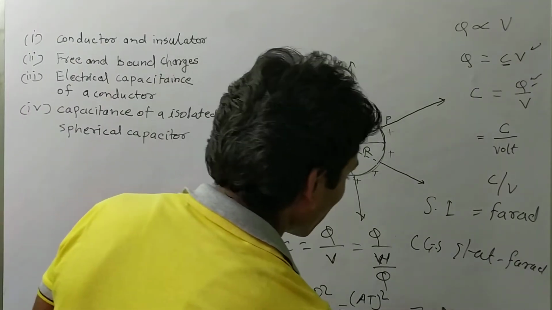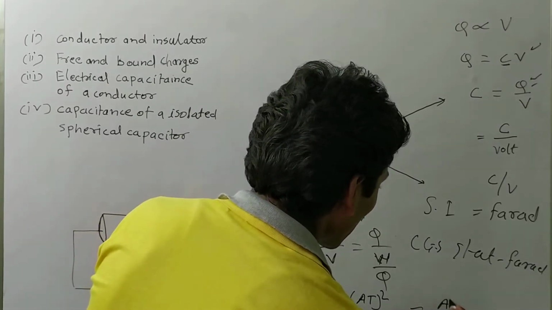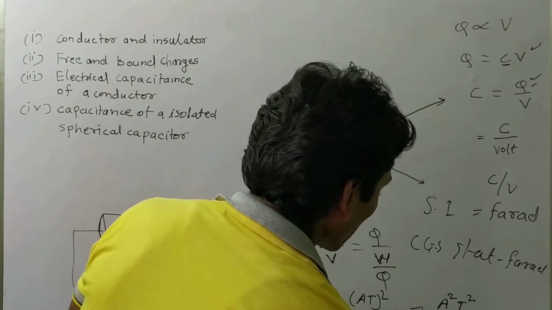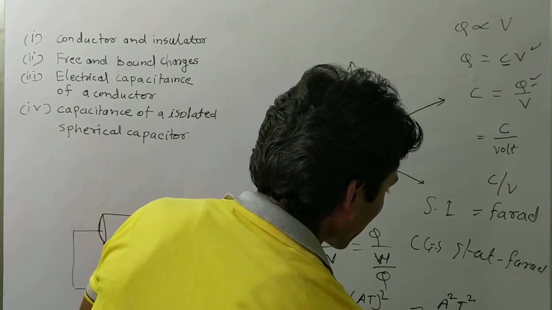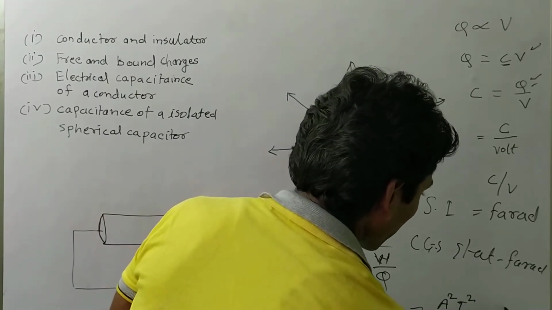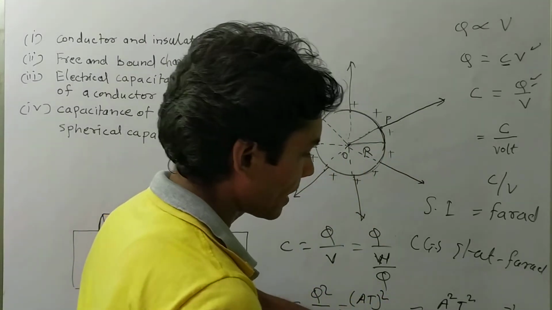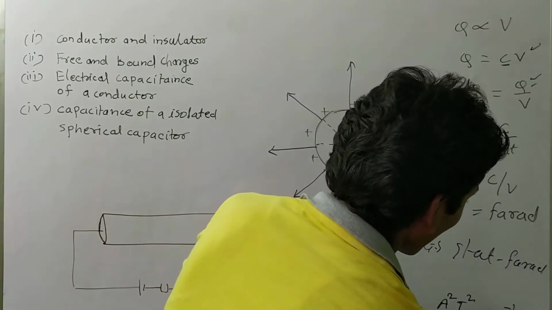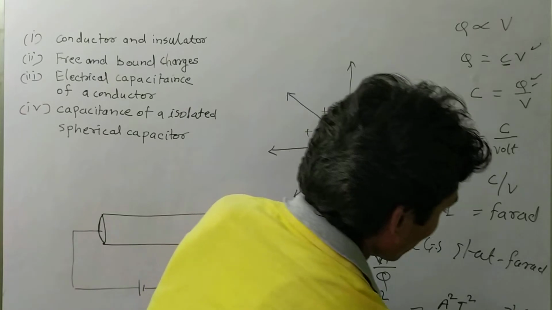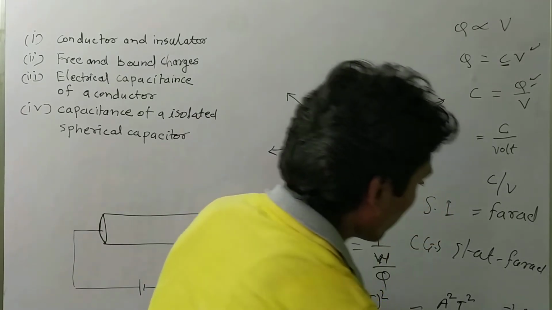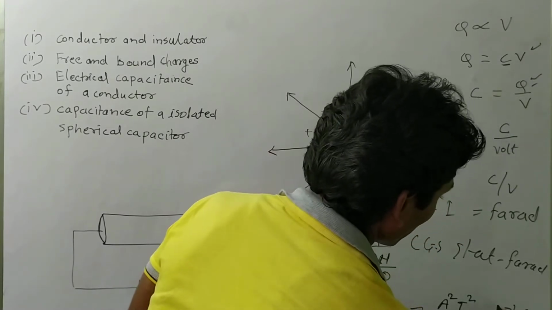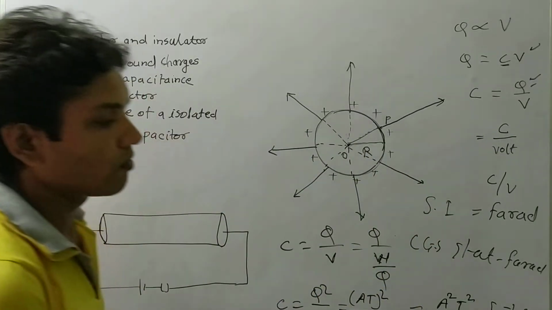So it will be A squared T squared upon M L squared T to the power minus 2, or M to the power minus 1, L to the power minus 2, T to the power 4 and A squared. This will be the dimensional formula.